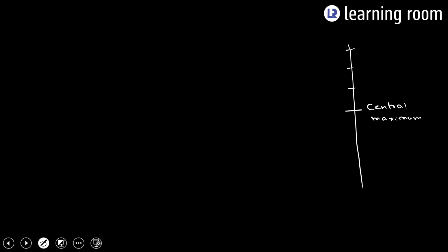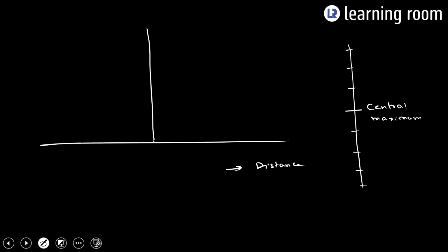The same is the case symmetric exactly at the bottom also, right? If I just tilt it and draw it horizontally, see what is going to happen. If I take the distance on the x-axis and intensity on the y-axis.